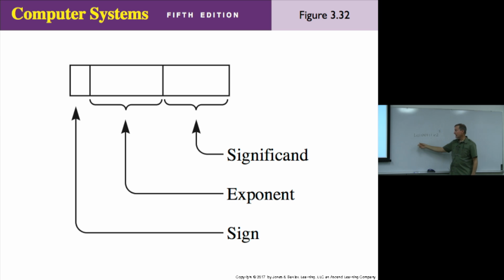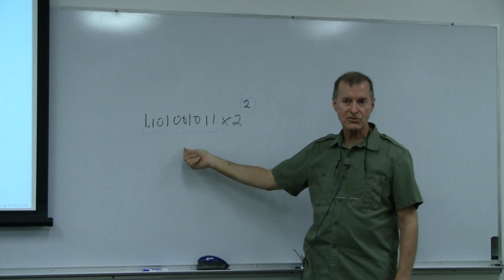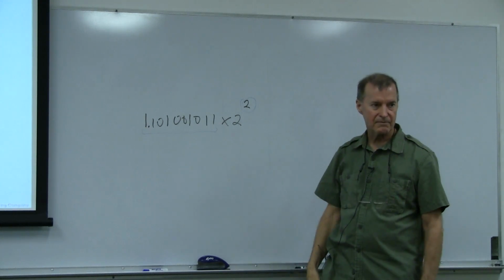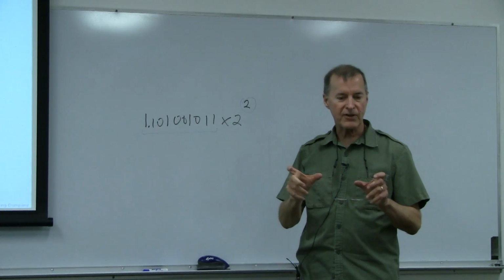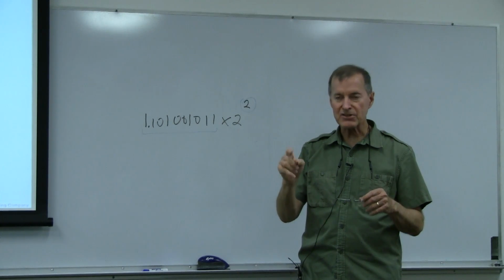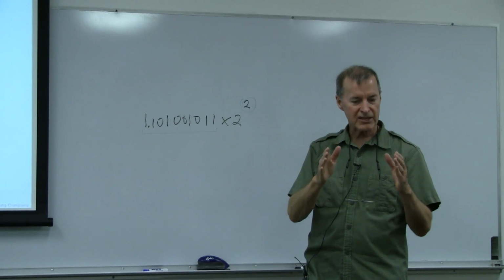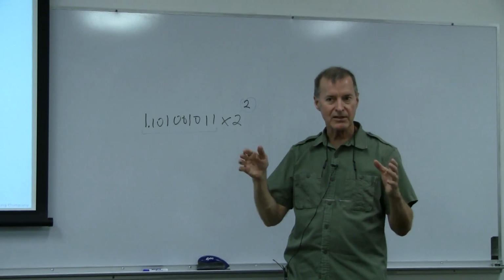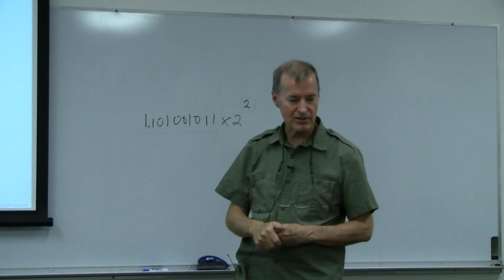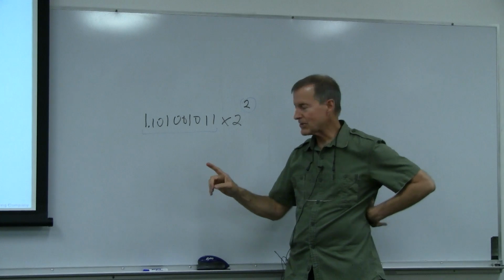And then the significand are the bits that represent the magnitude of the quantity, right? Depending on the system, the sign bit is always just one bit, but you pre-allocate so many for the exponent and so many for the significand, and that's how it's done. Now, look, you guys, here's another thing.